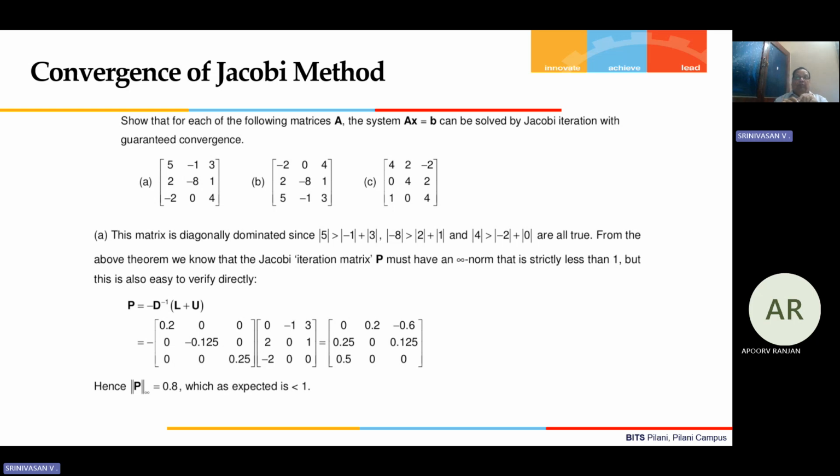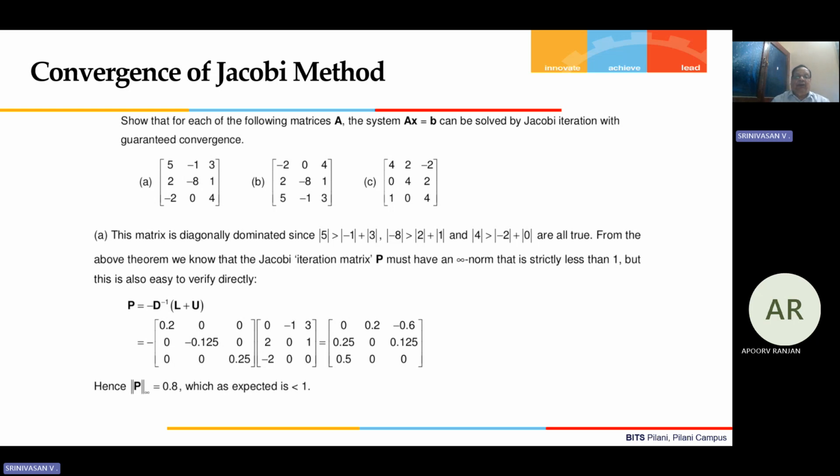But for convergence of the Jacobi method, you have some P equal to minus D inverse into L plus U. There it was I plus L inverse into U; here it is D inverse into L plus U. So here the decomposition will be D plus L plus U, unlike your I plus L plus U.